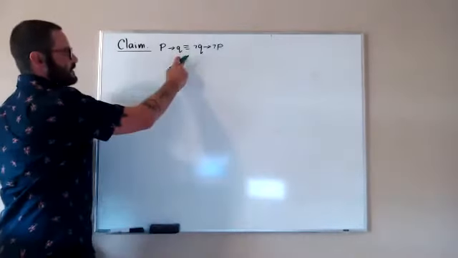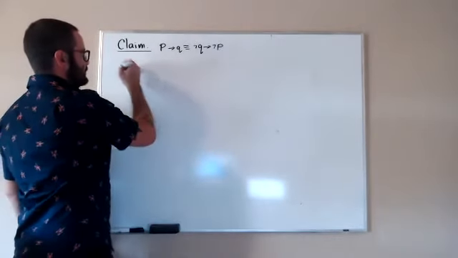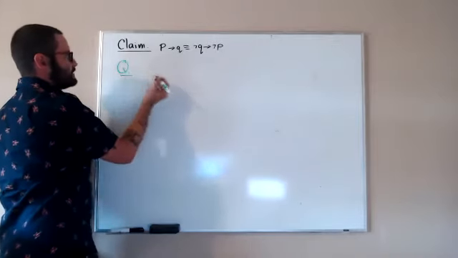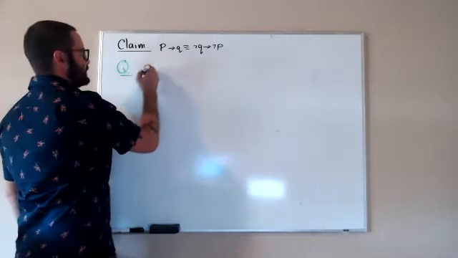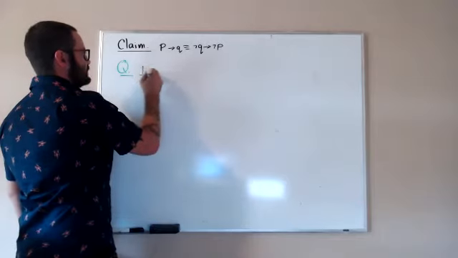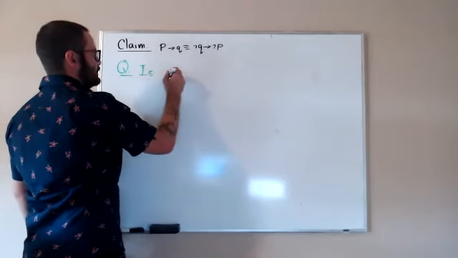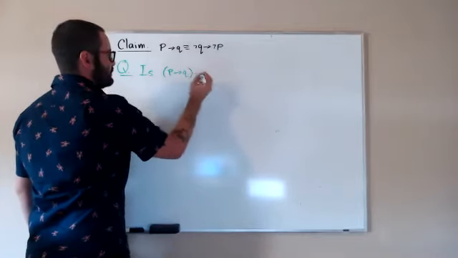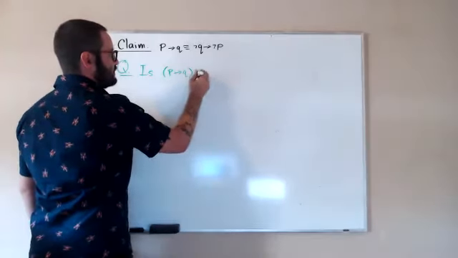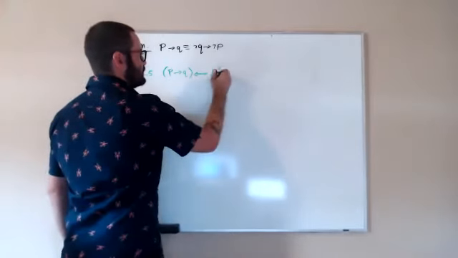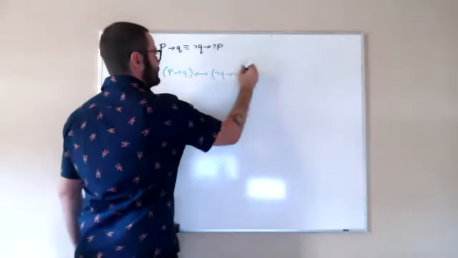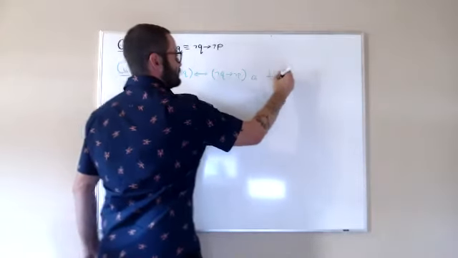What this is really saying is, it's like a question that we have to answer. Is P implies Q if and only if not Q implies not P a tautology?